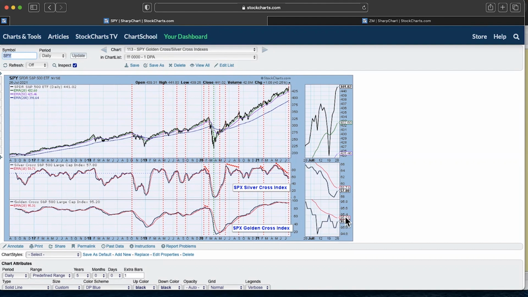So we want to see these improvement numbers, but really the overbought conditions that we have here, it's going to be a while until we see a serious breakdown of the Golden Cross Index, because using just the S&P as an example, when we came out of that bear market low and we got that crossover of that golden cross of the 50 and 200, you can see that very soon the 50 started putting a lot of distance between it and the 200-day EMA.